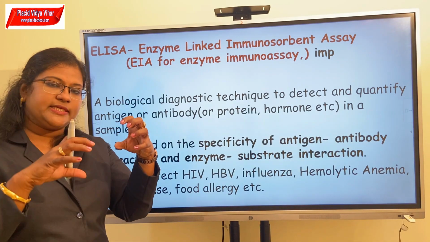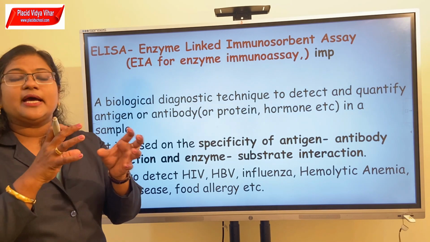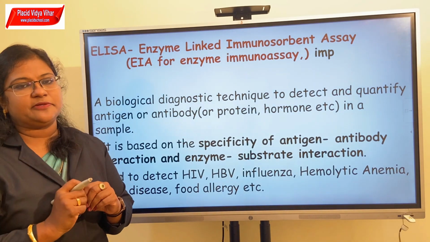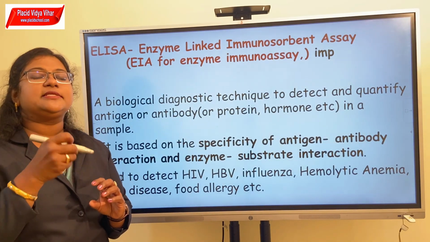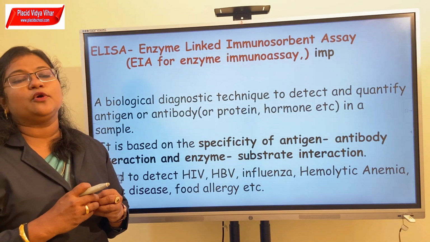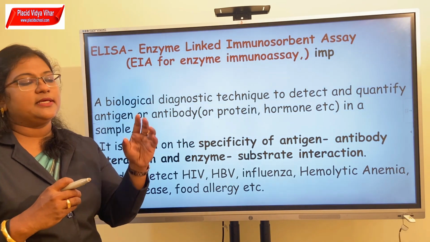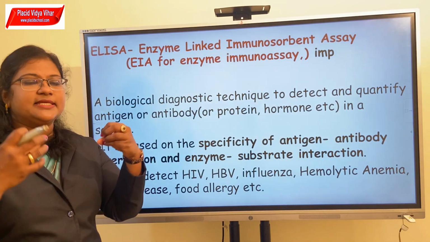Antigen is detected by using antibody, or antibody is detected by using antigen. I told you this reaction is highly specific. One more specificity is employed in ELISA. It also uses the specificity of enzyme to its substrate. So, two specificities are used here: antigen to antibody, and enzyme to substrate.